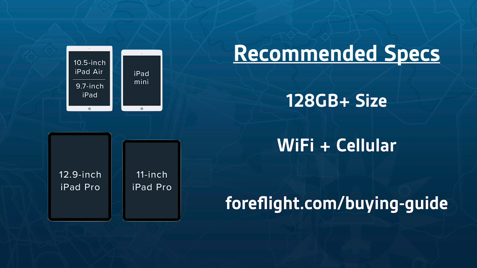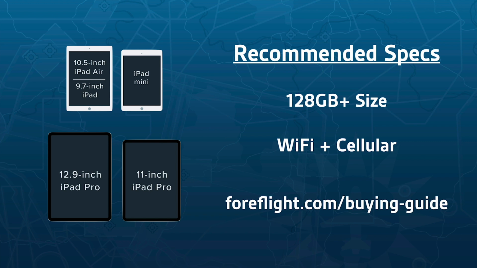A question that comes up very often is what kind of device will be compatible with ForeFlight, or what kind of device should we buy? Well, these are our minimum or recommended specifications, and those include 128 gigabytes of storage, Wi-Fi, and cellular capability. Now, this doesn't mean that you have to have a cellular data plan.